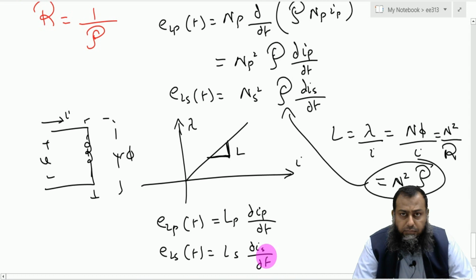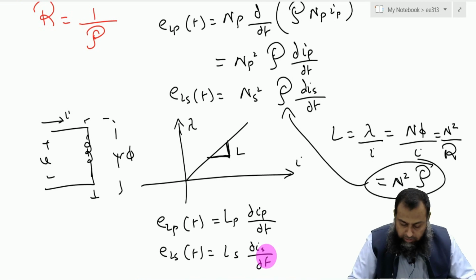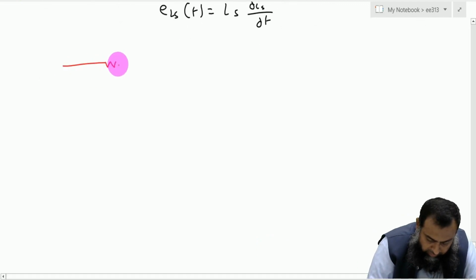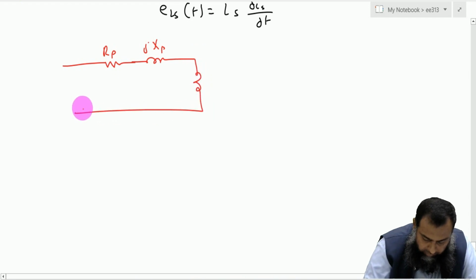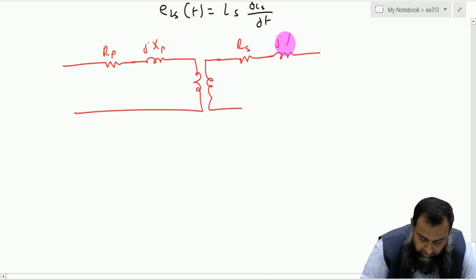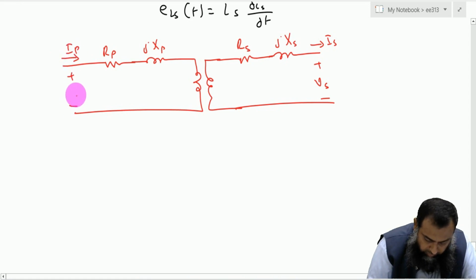This means that the leakage flux in the primary winding or in the secondary winding can be modeled by using an inductance L. So if we incorporate this concept in the equivalent model, which was previously only having the resistance RP here, we have this JXP here with the transformer windings on the secondary side as well. So we have RS, and this is JXS on this side. Here we have VS, this is IS, this is IP, and here we have VP.